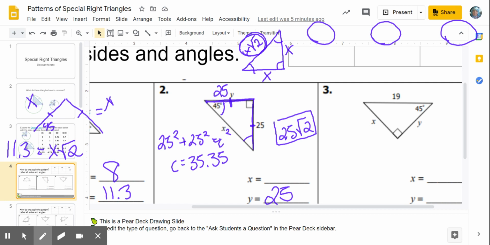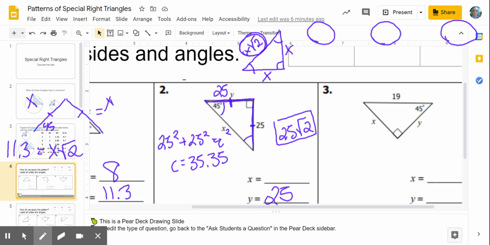You have to turn it sideways, and you should be able to do 25 times the square root of 2. On the iPhone, it might be backwards. You might have to do 2, square root, and then multiply by 25. So I got the same thing, 35.35.